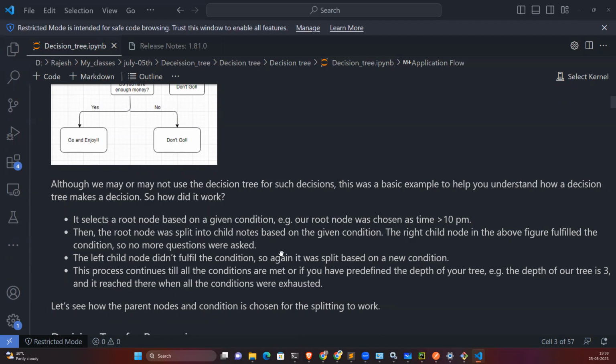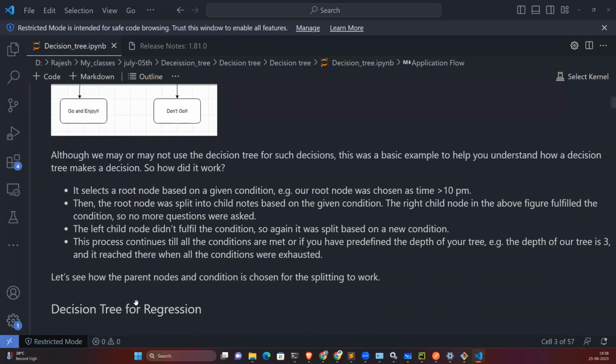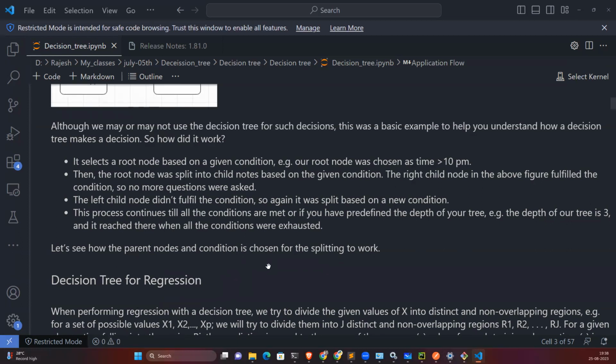The left child node didn't fulfill the condition, so again it was split based on a new condition, and this process continues till all the conditions are met, or till the predefined depth of your tree is reached. For example, if the depth of your tree is 3, it stops there when all the conditions are exhausted. Let's see how the parent node and condition are chosen for splitting.